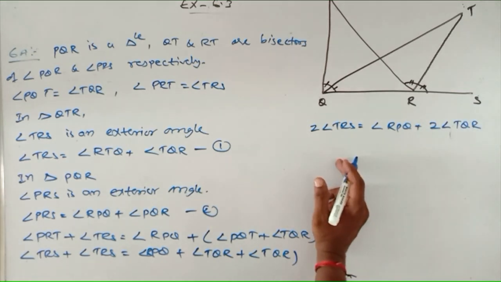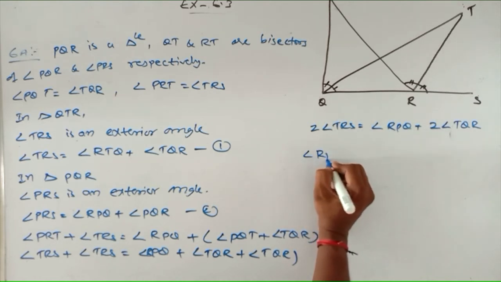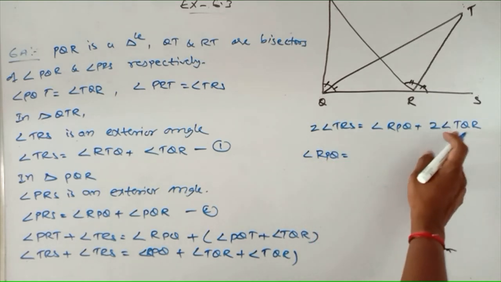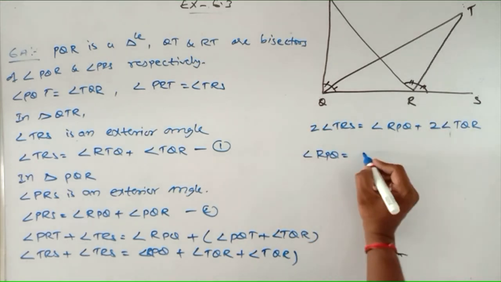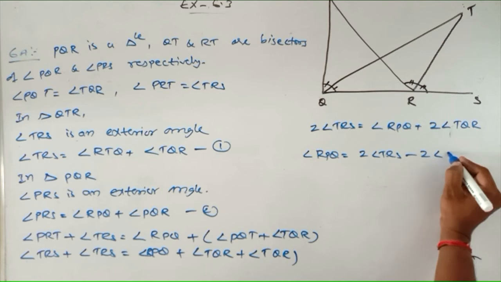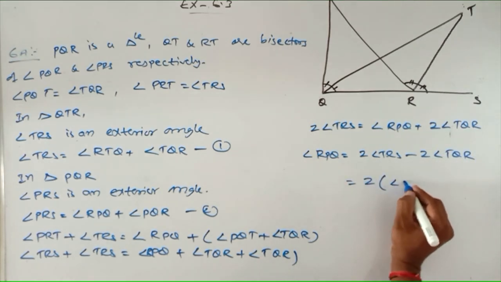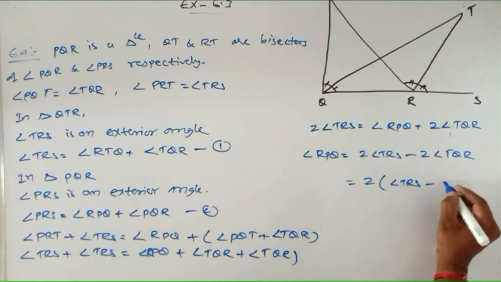I want the RPQ value. Angle RPQ is equal to, taking 2 TQR to the right side, 2 angle TRS minus 2 angle TQR. Taking 2 common, it is 2 times angle TRS minus angle TQR.